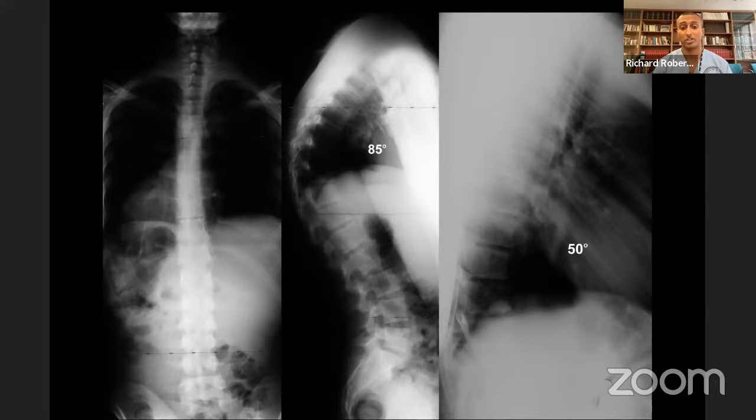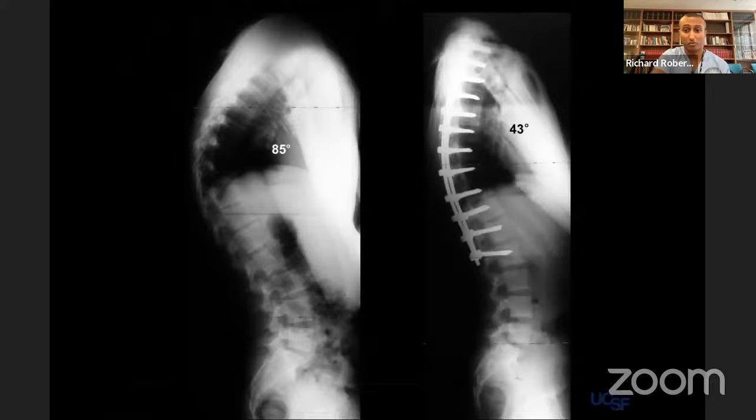So in this case, we actually went in and we used only a posterior incision, and we did multiple Ponte osteotomies and really achieved a good correction from 85 degrees to about 43 degrees using posterior only instrumentation from T2 to L1. Sorry, from T2 to L2.